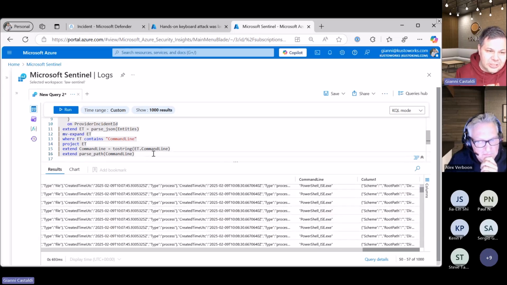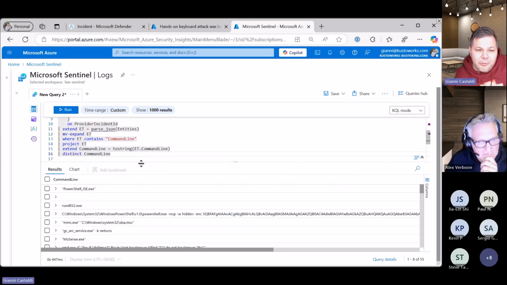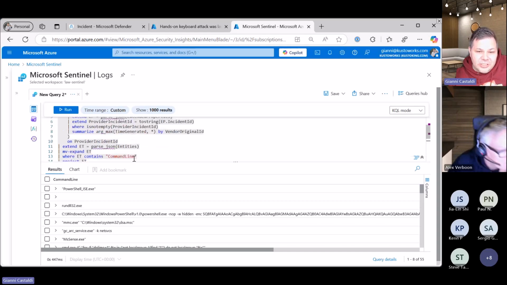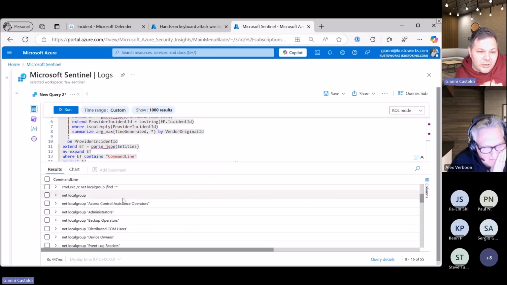What we want to see is basically to make it distinct. And now from the Sentinel incident, we have all commands that have been run. So we have the encoded PowerShell string. We have all the commands that are being run.